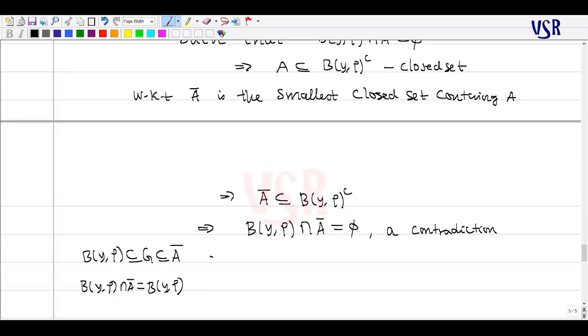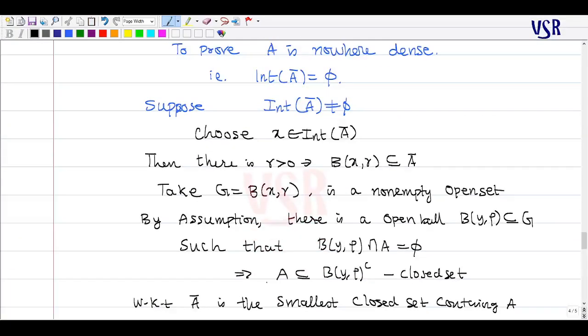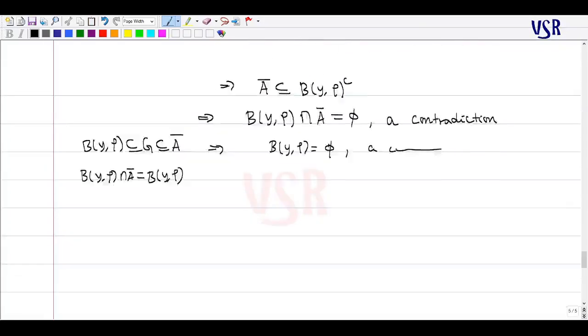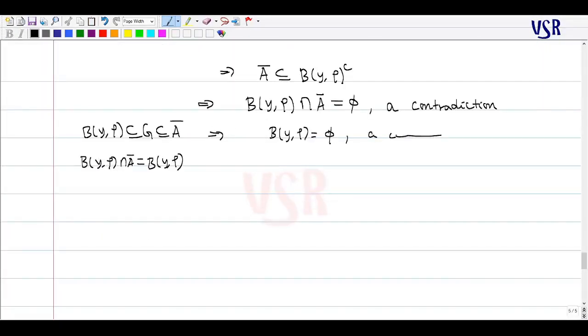That is a contradiction. இந்த contradiction எங்க இருந்து வந்தது? interior of A closure non-empty னு assume பண்ணோம்ல, அது wrong. Therefore it must be empty. So interior of A closure must be equal to empty.